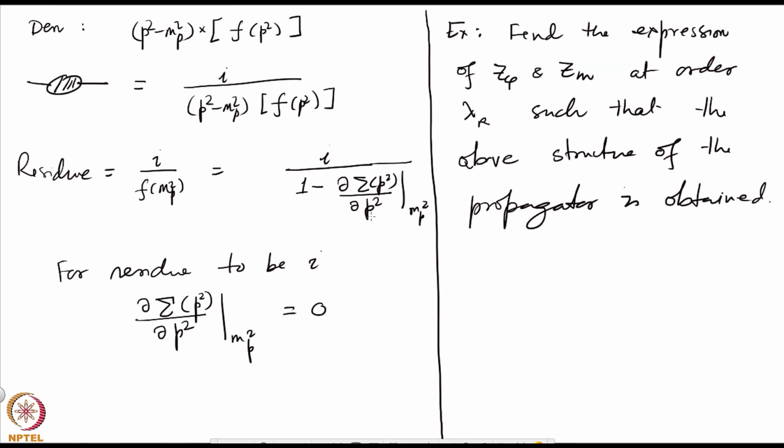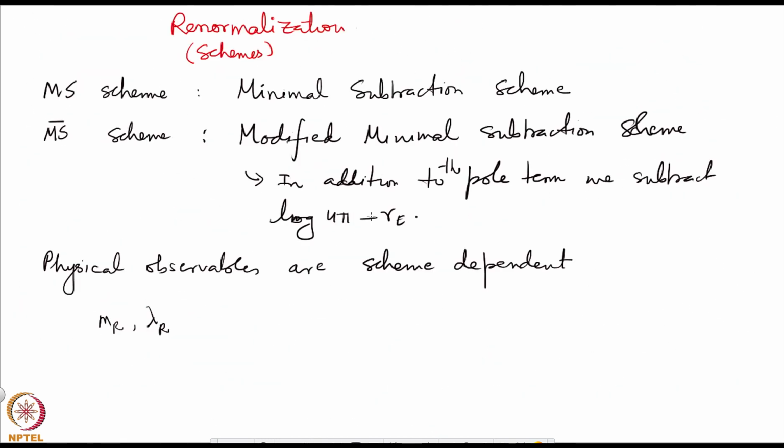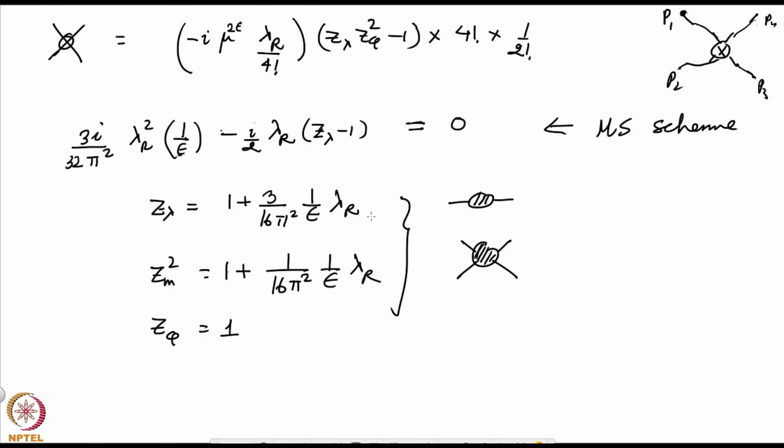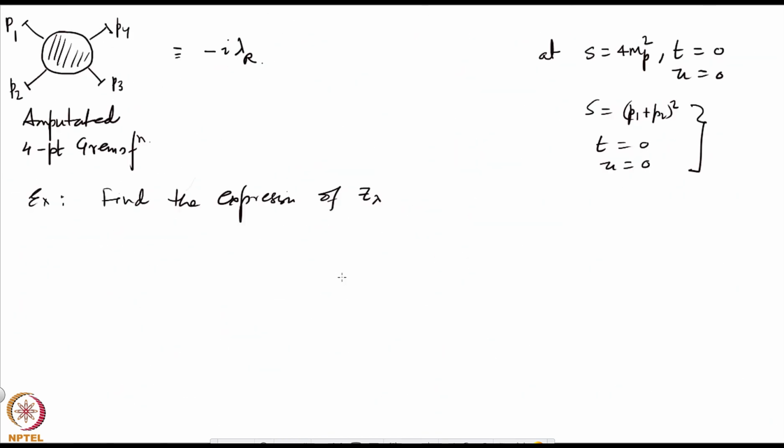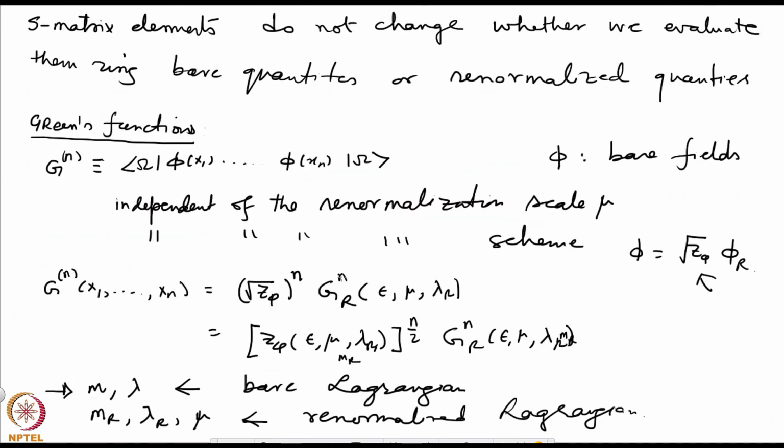Let me go back and show you. I hope I'll find it this time. Here. Okay, so this Z lambda, Z m, they depend only on lambda R here. There is no explicit mu dependence. So here, now I have already argued that lambda R should really be written as lambda R of mu. So the mu dependence in Z comes through the dependence on lambda R. That's a statement, of course, true at one loop, because that is something you have seen explicitly.